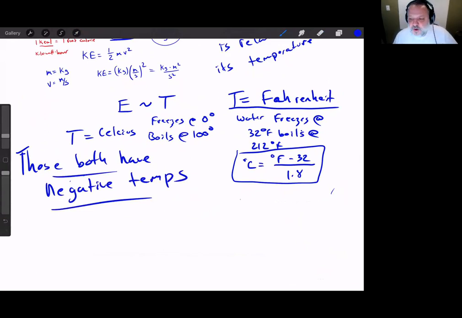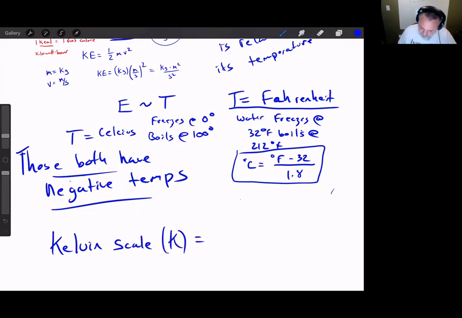And for mathematical purposes, I'm just going to say it's because of math, negative temperatures cause a problem. So we came up with the absolute scale, the Kelvin scale, K. This is degrees Celsius plus 273 degrees.